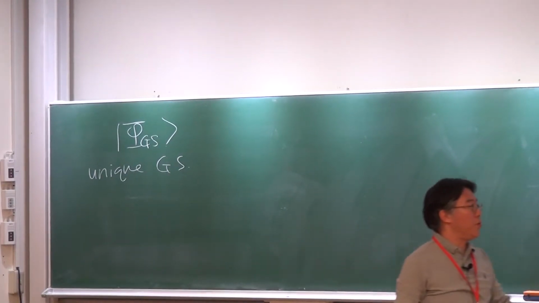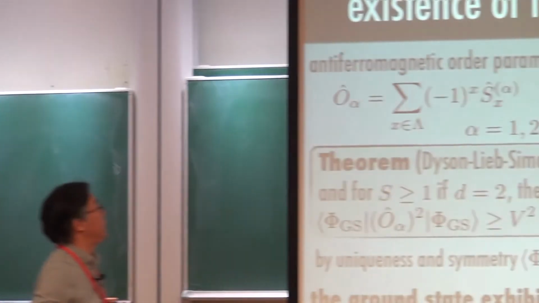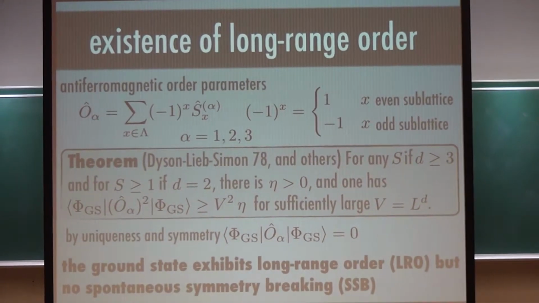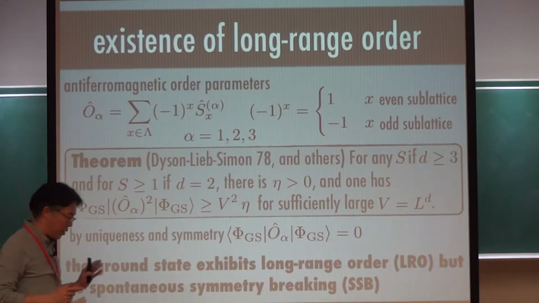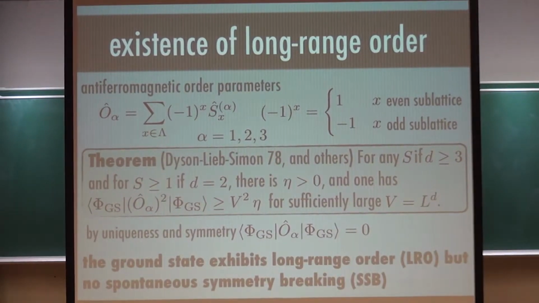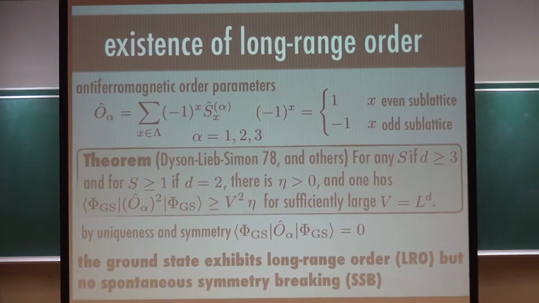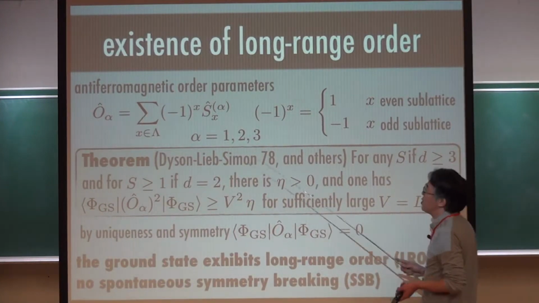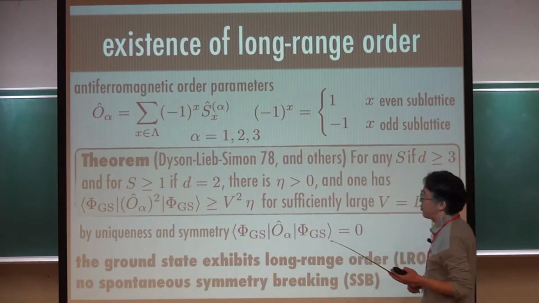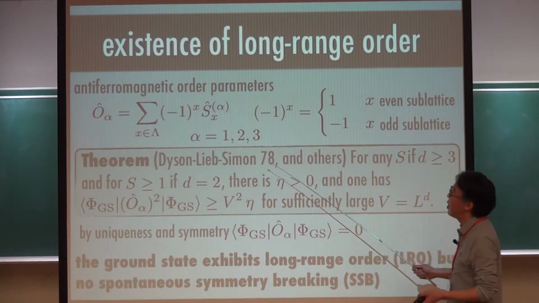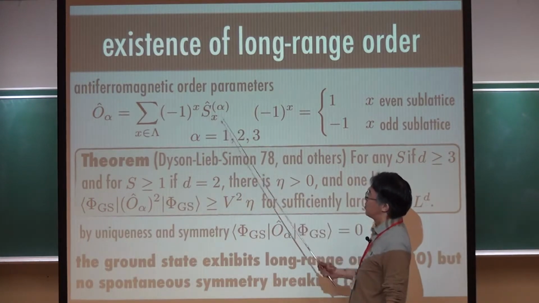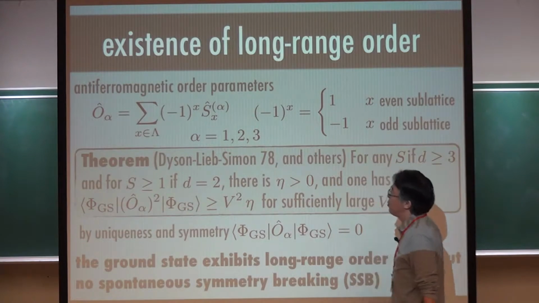Now, a more important and difficult theorem to prove is the existence of long-range order in this ground state. Now we are interested in antiferromagnetic long-range order. So simple total magnetization does not tell us about the order in this case. So we need this strange order parameter, which is sometimes called staggered magnetization. So I just sum over all the lattice sites, and this is just the alpha component of the spin operator.